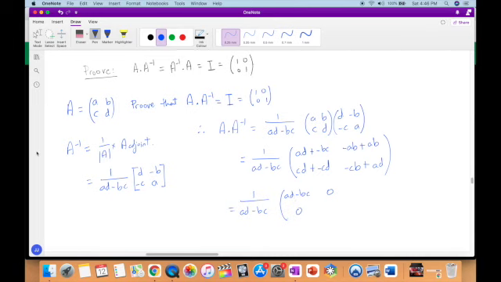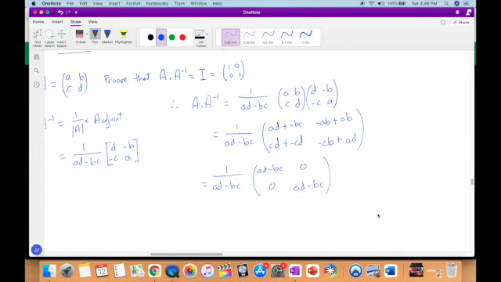And this here works out to be AD minus BC as well. You notice what's going on there. So now I can multiply my determinant throughout. If I multiply this by this, I'll get 1, 0, 0. If I multiply this by this, I'll get 1.